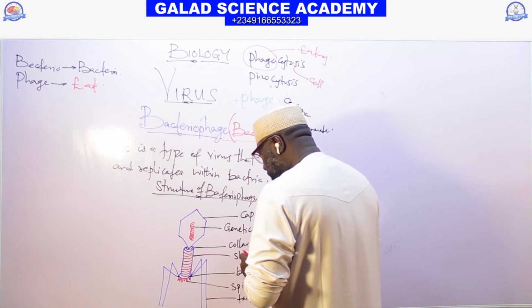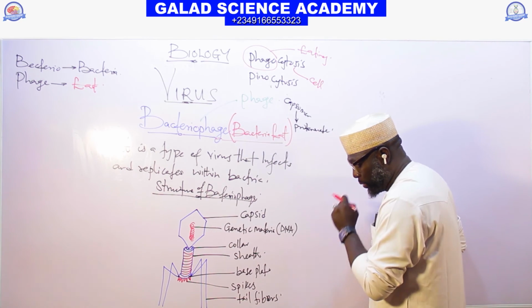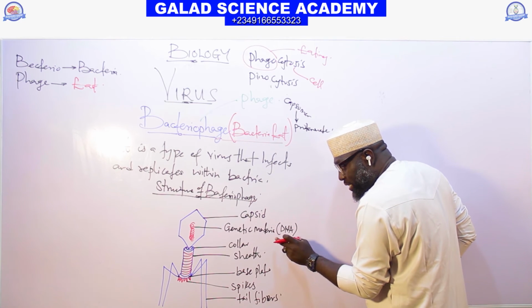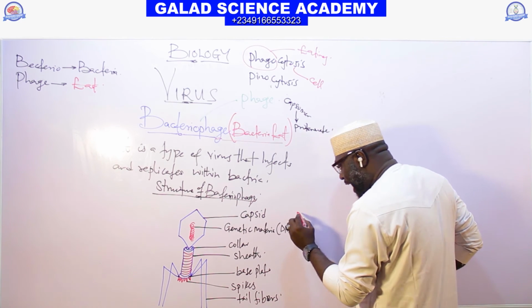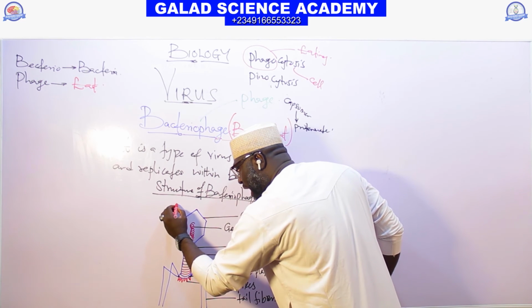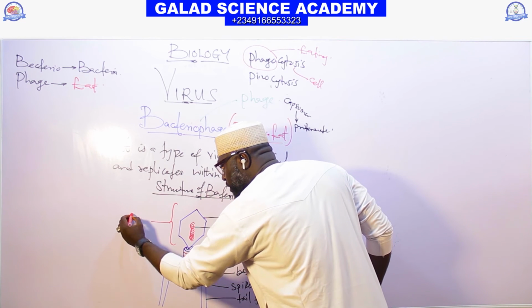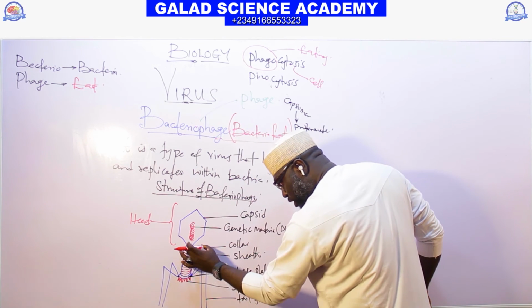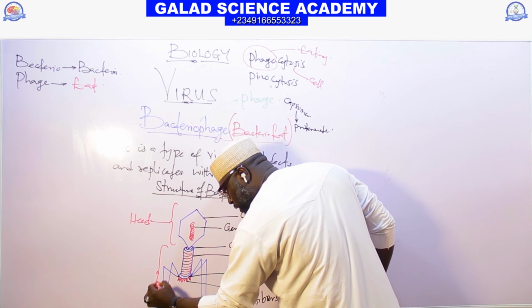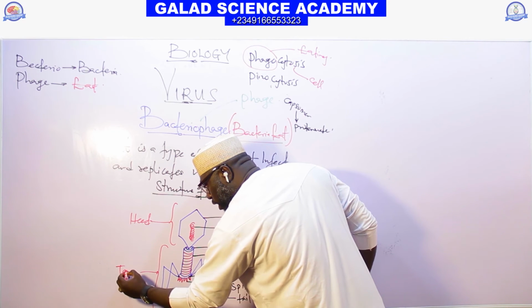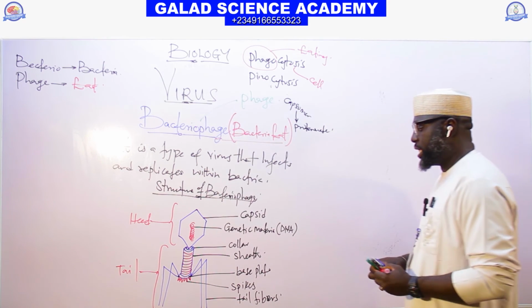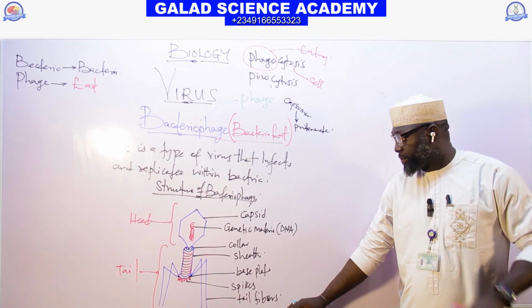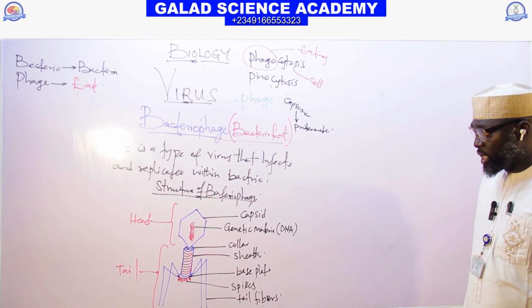We can also say that the capsid and genetic material are components of the head of the bacteriophage. From this collar down to the tail fiber, they are called tail. This is the structure of bacteriophage.